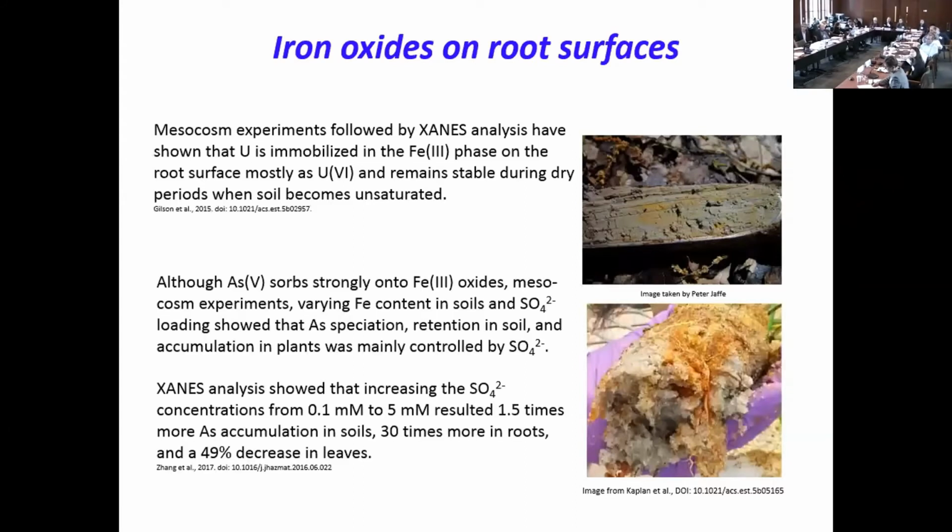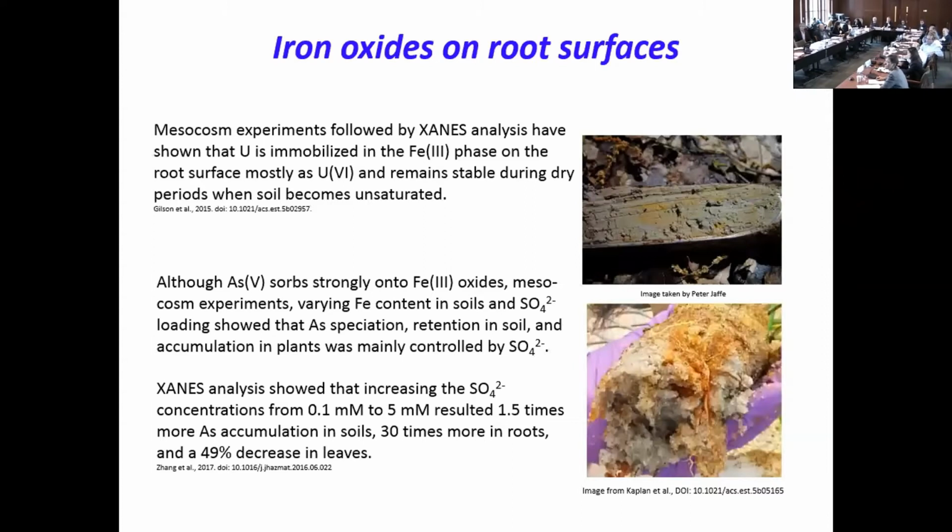When we looked at sulfur species, for example, we saw that when you augment mesocosms with higher levels of sulfate, we push the system towards more sulfate reduction. That in turn stimulates arsenic reducers, and we saw that we converted much more arsenate to arsenite, and the arsenite is more mobile, so we saw about 30 times more arsenic in roots and a decrease in the leaves as the sulfate changed.